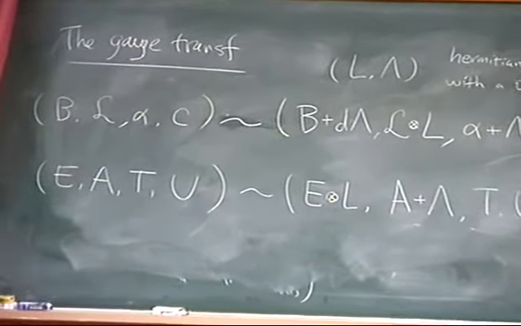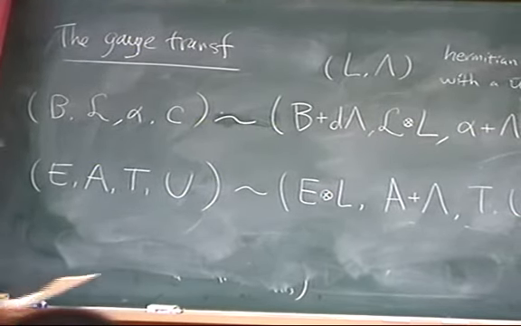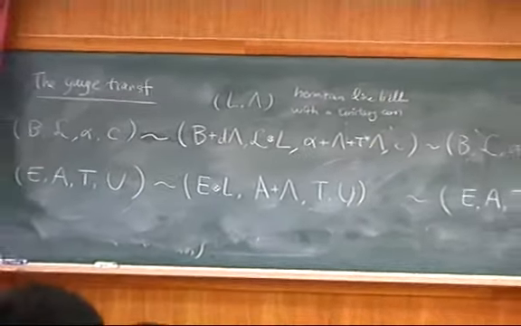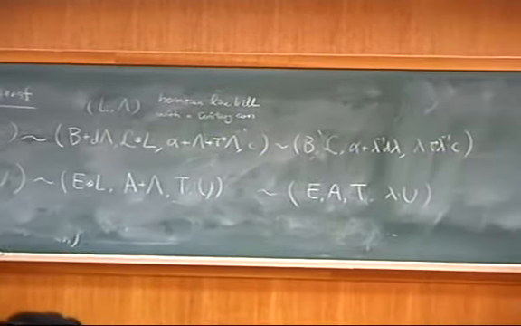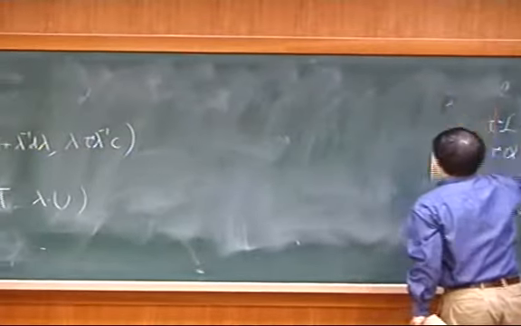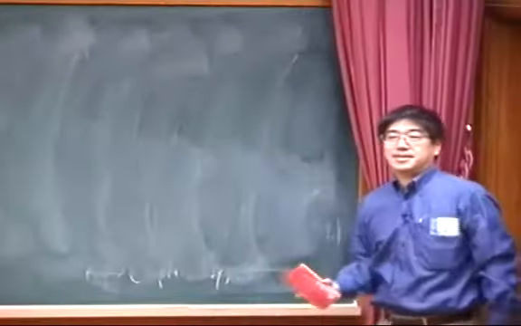So this is the gauge transformation of this orientifold data. I have 5 to 10 minutes only for the mirror symmetry part. So are there some questions about this?